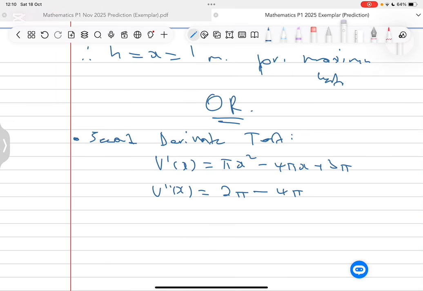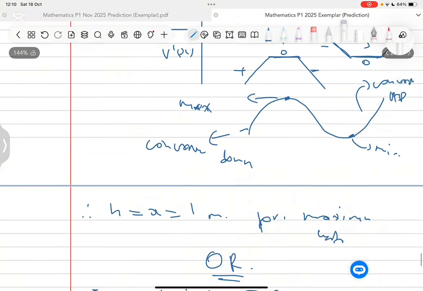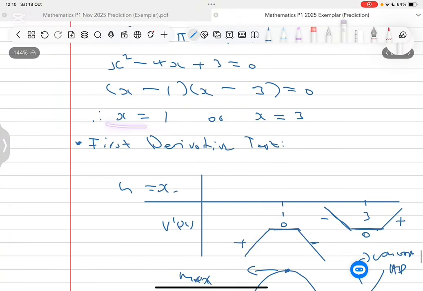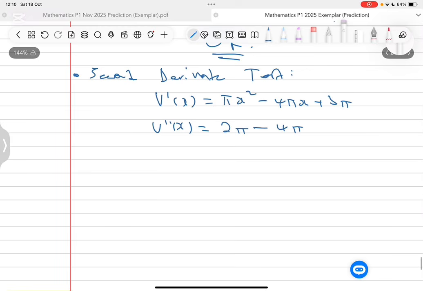Now with the second derivative test, what we do is test the values that we got here, the values of x, which are given by 1 and 3. So I will say at x is equal to 1, I'm going to take my second derivative and put the 1 there.